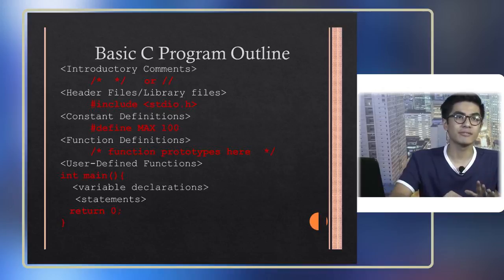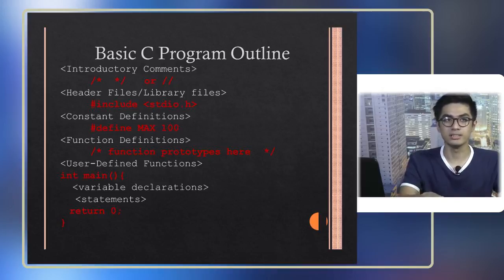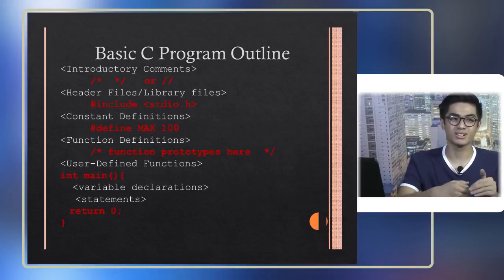For function definitions, we will go in depth into this in the next topics. User defined functions. This is what we created earlier: the main function, which consists of all your source code when you're a starter programmer.